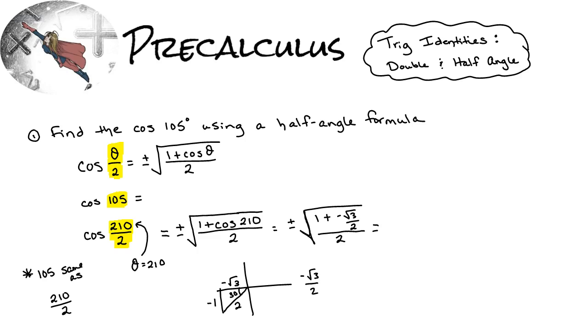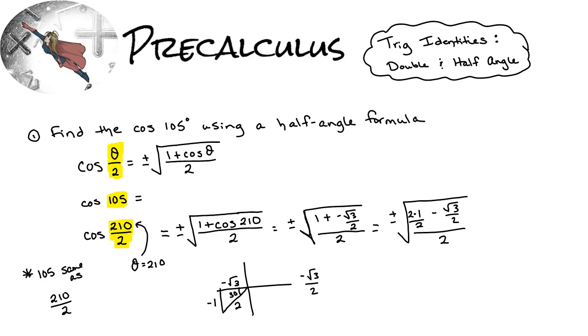All right, now comes the simplifying. This is also usually a tricky part for students. So I am going to make a common denominator. So we have 1 minus rad 3 over 2 right now, like this. So I'm going to change this 1 into 2 over 2.